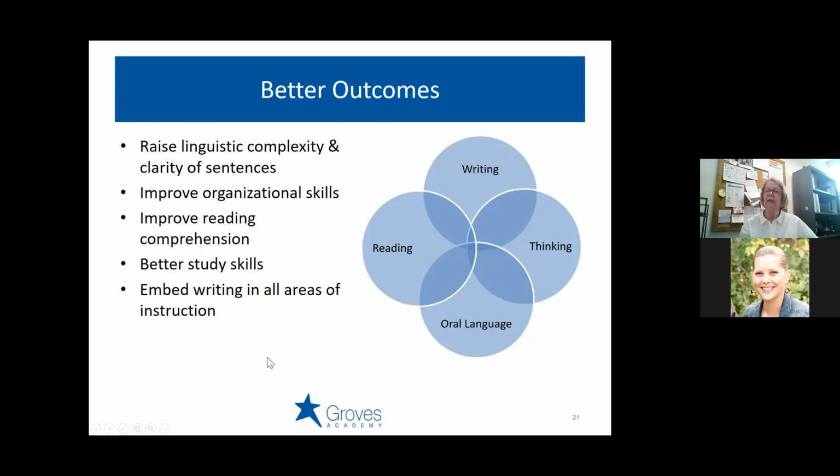So we need to pay very close attention to them so that when they go into paragraphs and essays, they will be more informative and more expressive of what thoughts are. We also need to improve organizational skills, so support students in how they organize their writing. To write about reading is to improve reading comprehension, because you have to understand what you've read if you're going to write about it. It can also improve study skills.